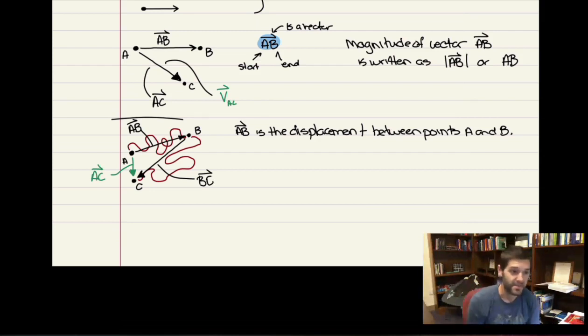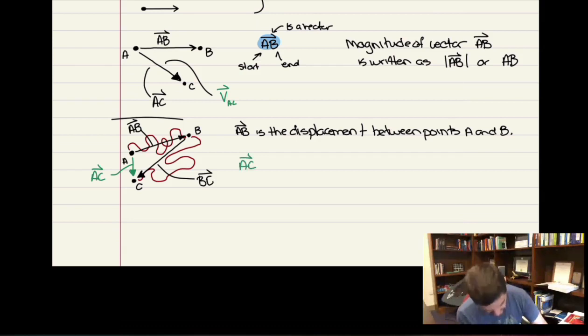So in this case, you can see I started at A, I did something and went to B, I eventually left B and went to C. That is the same thing as if I had started at A and just went directly to C. In terms of the displacement vectors, they're conveying the same information.